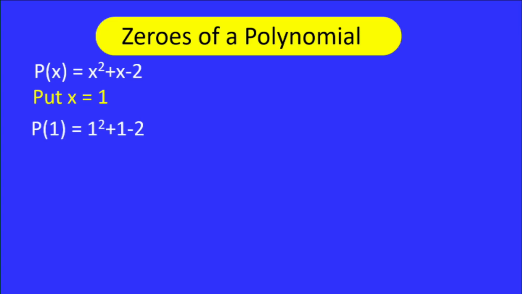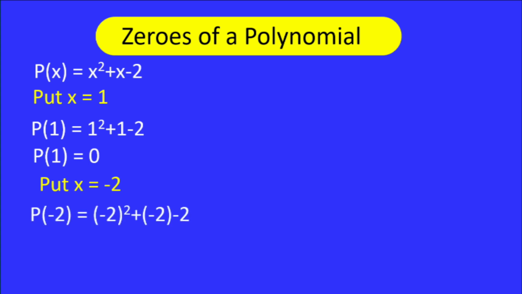What will be the answer here? Yeah, this is 0. Now, try to substitute x is equal to minus 2 here. Then what will be the answer here? Minus 2 whole square plus minus 2 minus 2. Hence, the answer becomes 0.